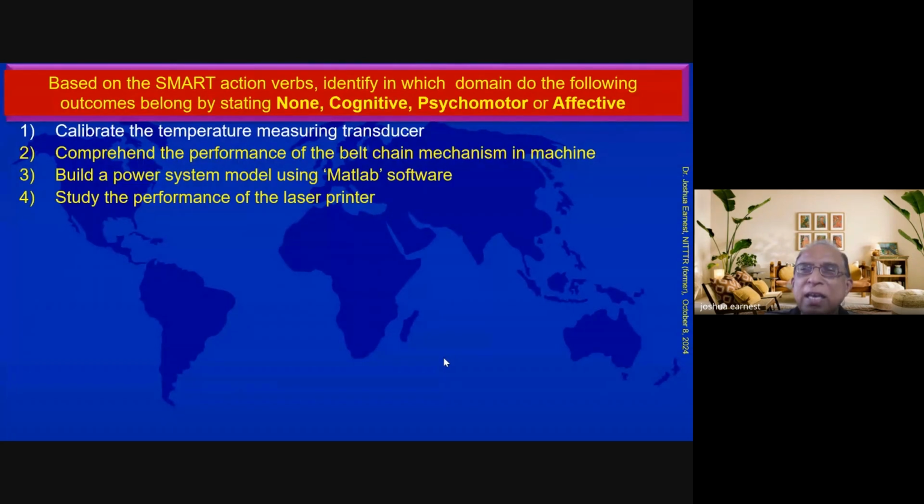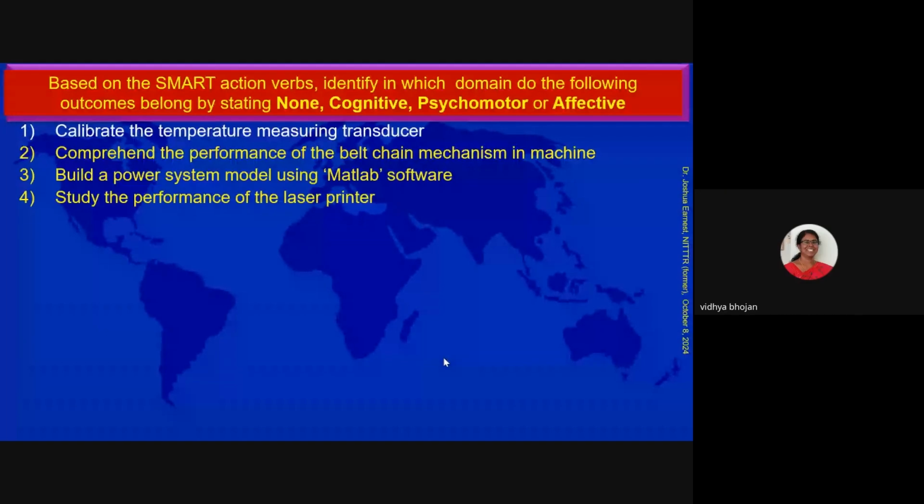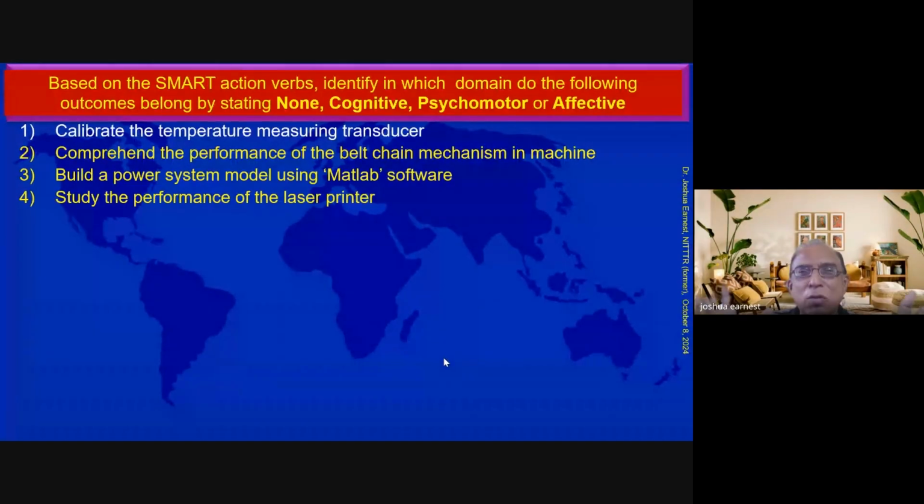Is study a smart action verb? Does it have the 5 characteristics? No. Then it is not a learning outcome at all. It is none. It has to be a smart action, then only it falls in the category of a learning outcome.